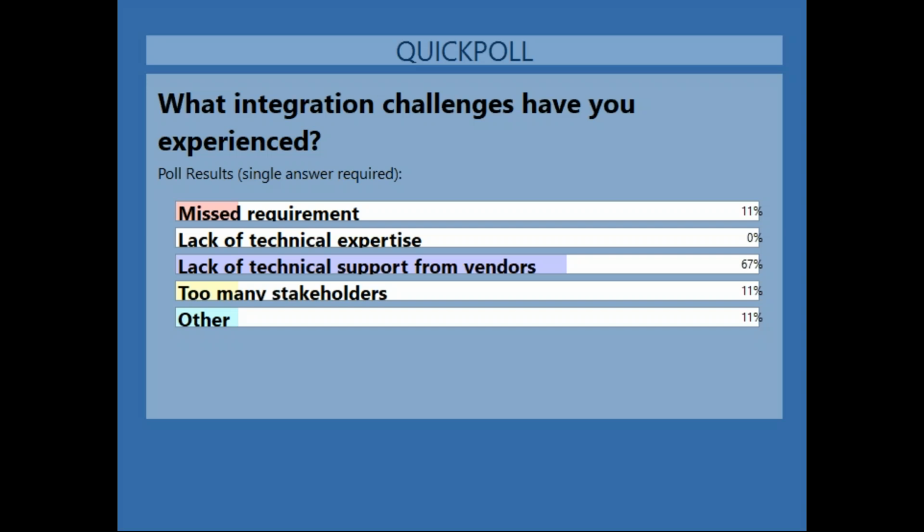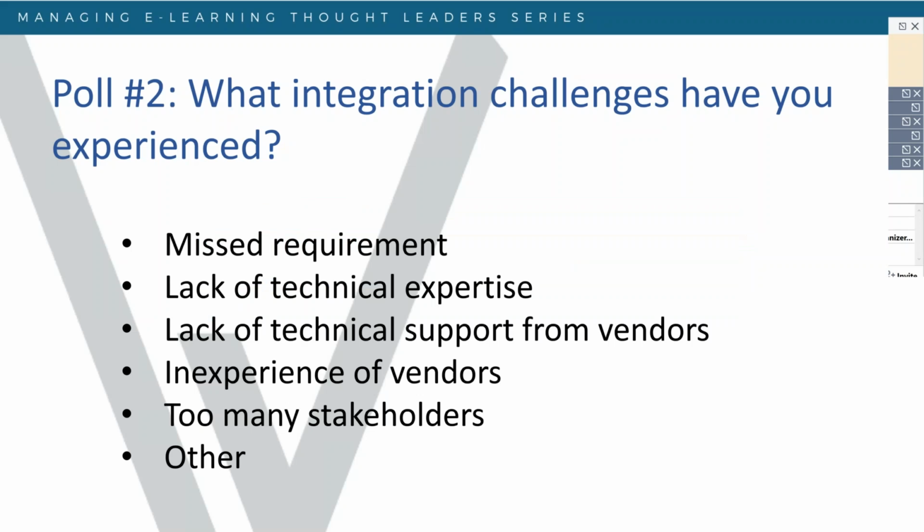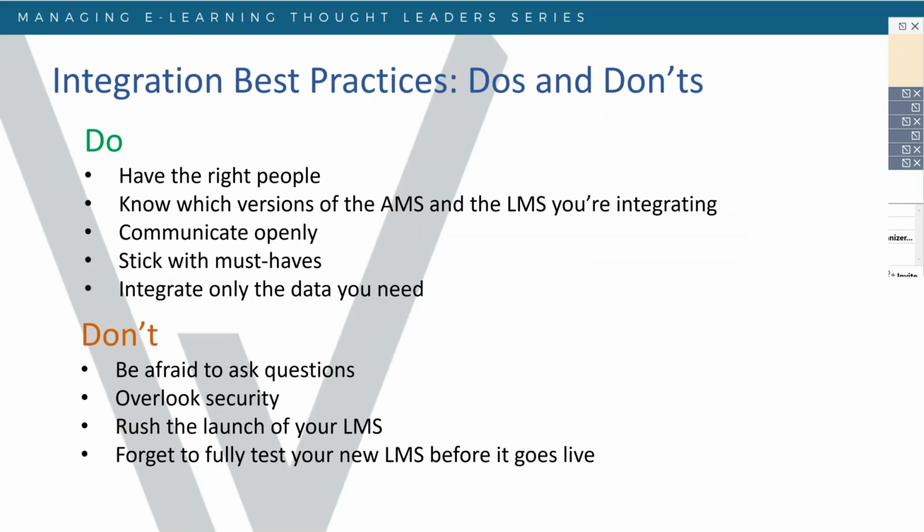And if we go to the next slide, and don't get me wrong, there are other things here like missed requirements, too many stakeholders. Those are also things that happen pretty often that can be a challenge during an integration. But during the integration, there are some best practices if you are considering one with an AMS to your LMS, or with another platform.